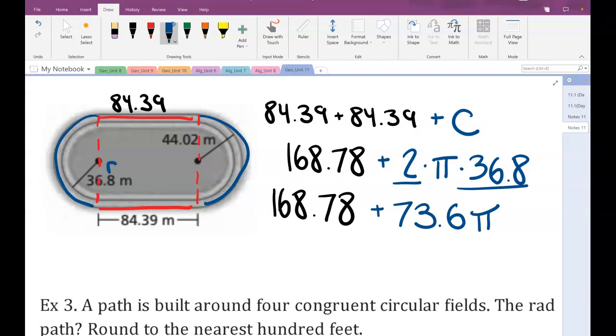And then we can type this in on your calculator as is, using pi or using 3.14. And you get out just about 400 meters, which makes sense because that is the length of a track, 400 meters all the way around.